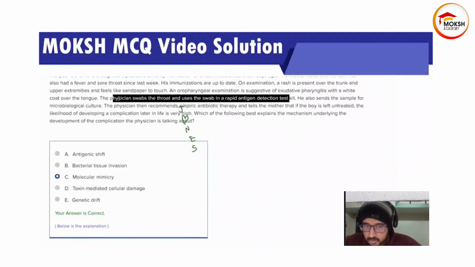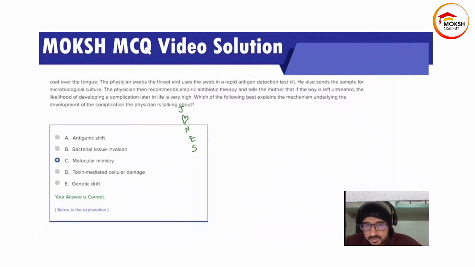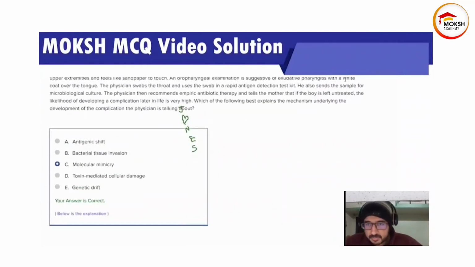The strep throat will eventually lead to rheumatic heart disease. Scarlet fever is there, no doubt, because of the sandpaper rash involving the upper extremities and trunk. But the main thing to concentrate on is the strep throat, because Streptococcus pyogenes can cause strep throat and also the sandpaper rash.